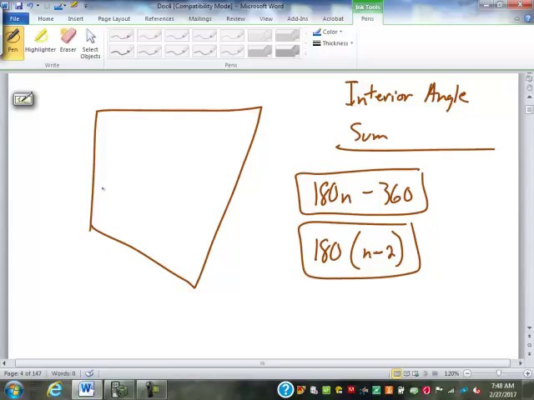So now here, how many angles do I have? 4 angles, so n equals 4. So this is going to be 180 times what? 2. 4 minus 2 is 2. So 360 degrees would be my angle sum there. So if I tell you that this angle here is 90 degrees, this angle is 111 degrees, and that this angle here is 90 degrees, what's this angle up here have to be?